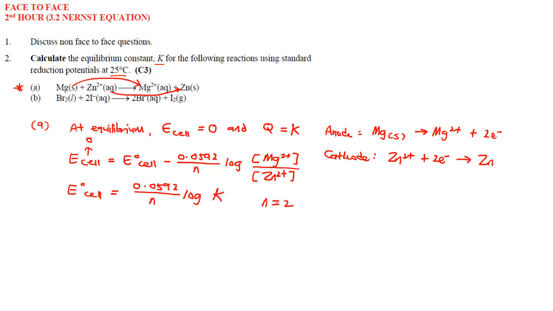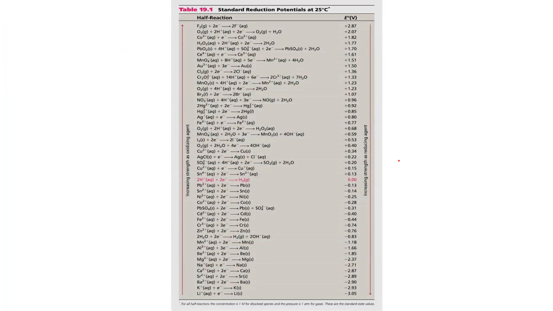Okay, and now to calculate the E0 cell. E0 cell is equal to E0 cathode minus E0 anode. The cathode is zinc. Again from the table, it may be a bit small but you can refer to your notes. For zinc it's minus 0.76, and for magnesium, our anode, it is negative 2.37.